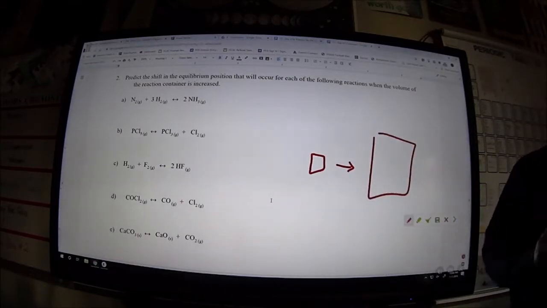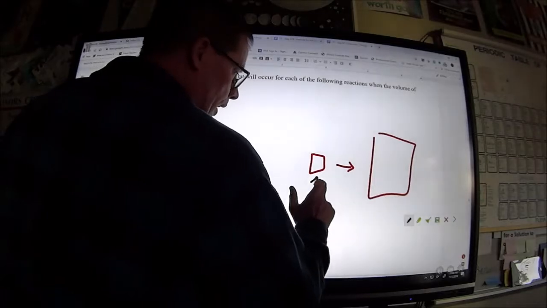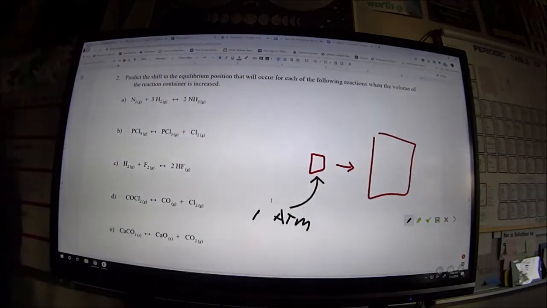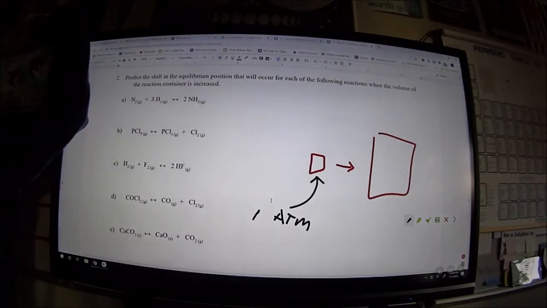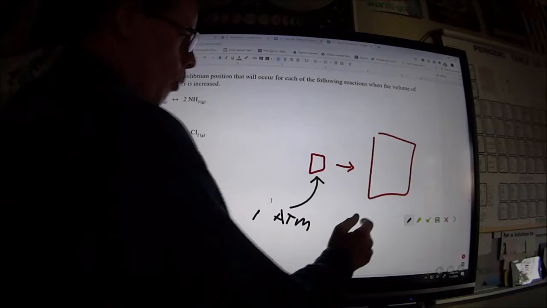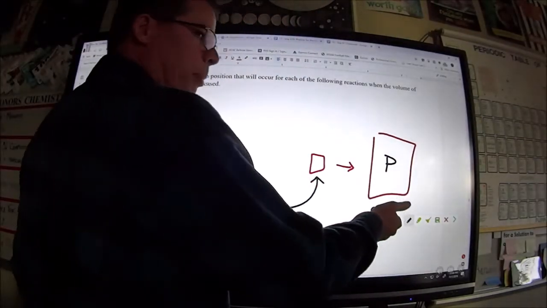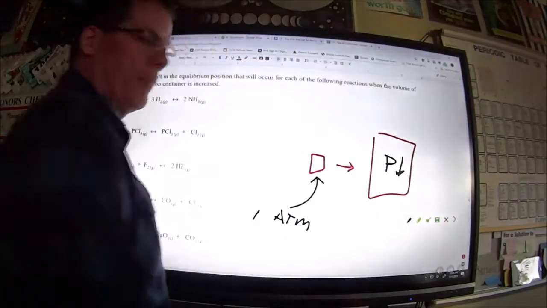Let's say we have all of our gases in this little container at 1 atmosphere, and then all of a sudden the container gets larger. Will the pressure go up or go down? Initially it will go down.